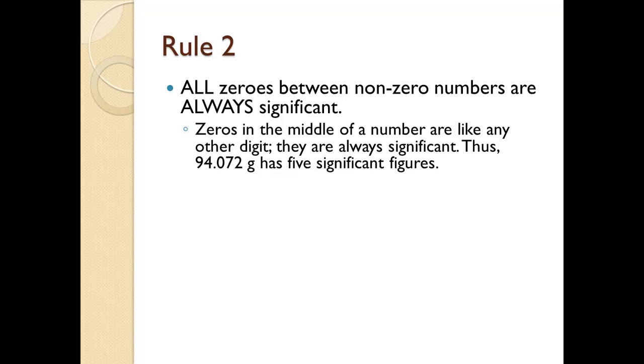So therefore, I do count it and include it. So in this case, it's five significant figures. Again, the zeros in the middle of a number are counted. 4009 has four significant figures. 705 has three.